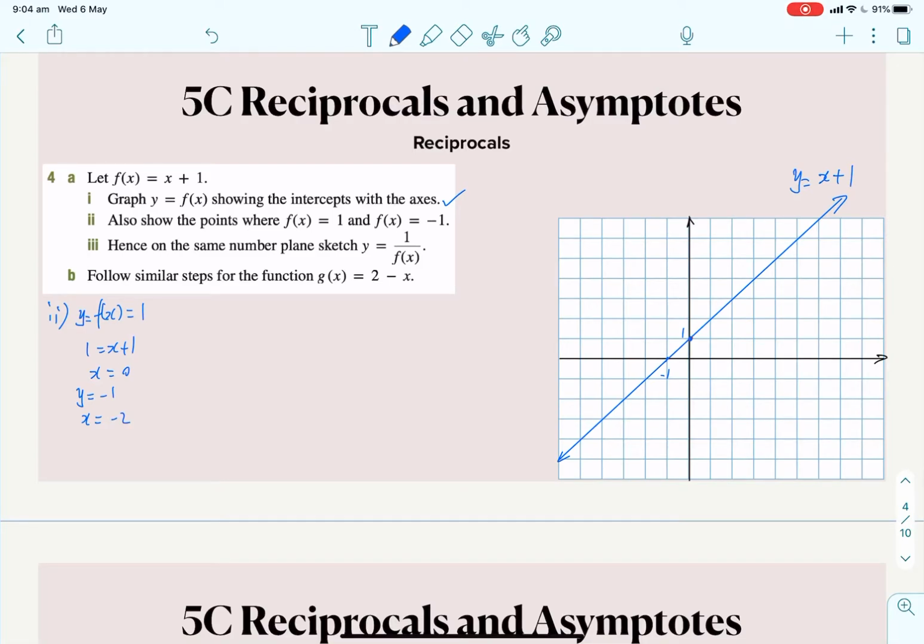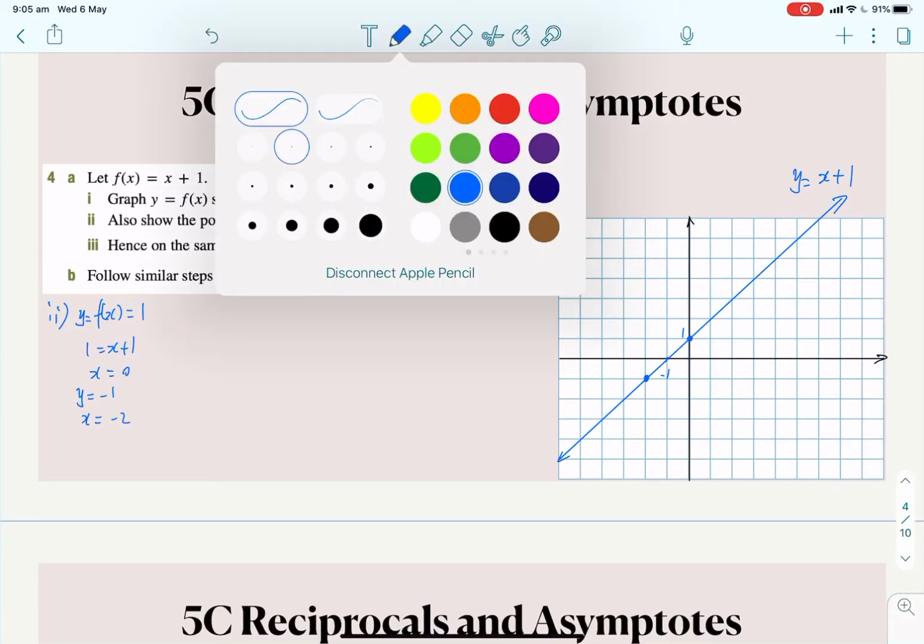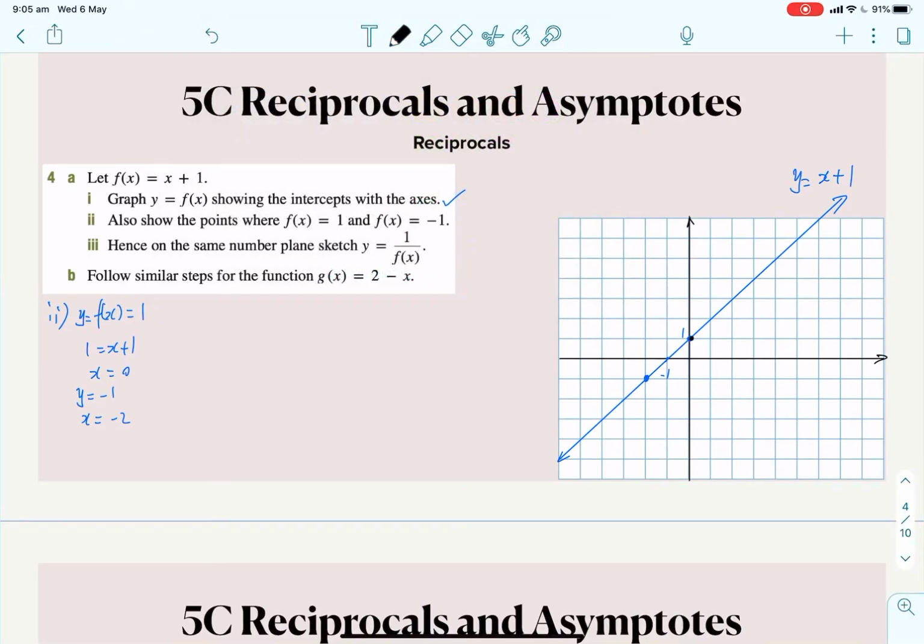So you got 0, 1 here, 1 point already, and then you got negative 2, negative 1. So 2 points here. Okay. I'm doing it in black to make it easier to see. So there's 2 points. They're kind of important. I'll tell you why in a minute.